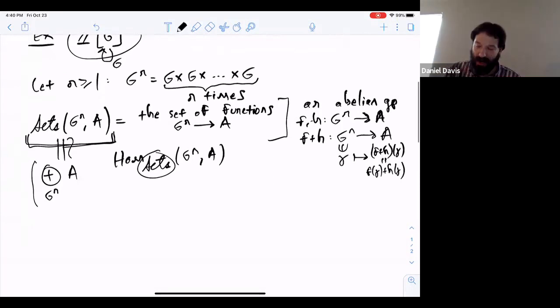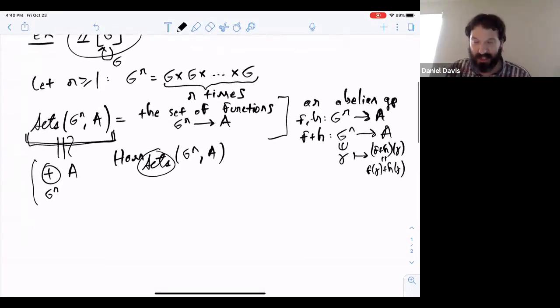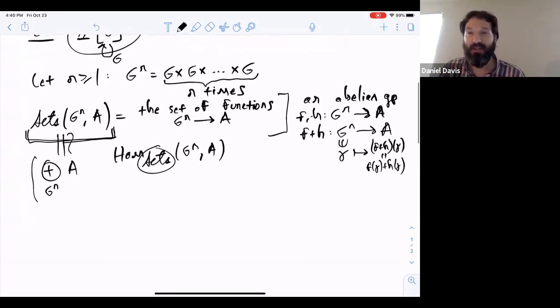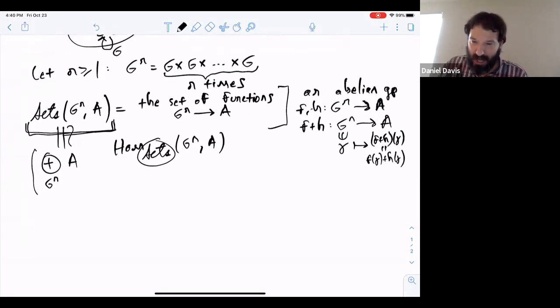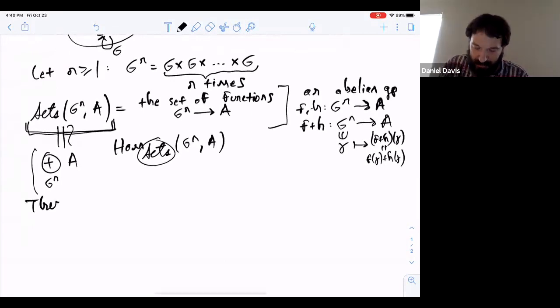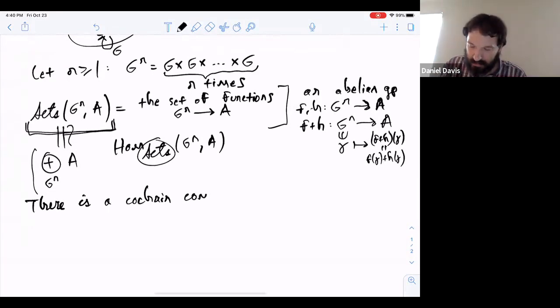Okay. So here's what we do with these abelian groups. There is a cochain complex that has the following form, and I will say, when I'm done writing this down, I will quickly say what a cochain complex is.